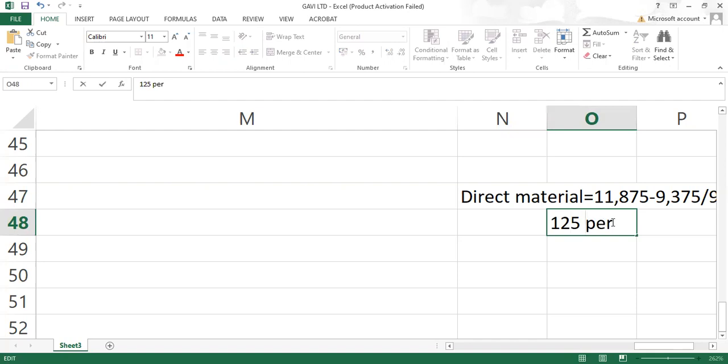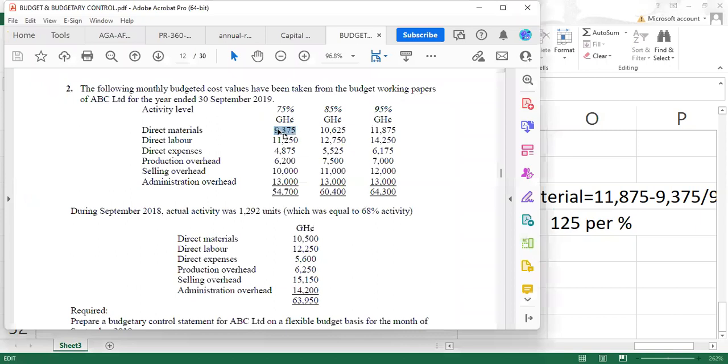So after this, what are you going to do? You are going to perform the test and see whether it is purely variable or there is a fixed element, isn't it? Yes, sir. Okay, let's try that. So 125 times 75%.